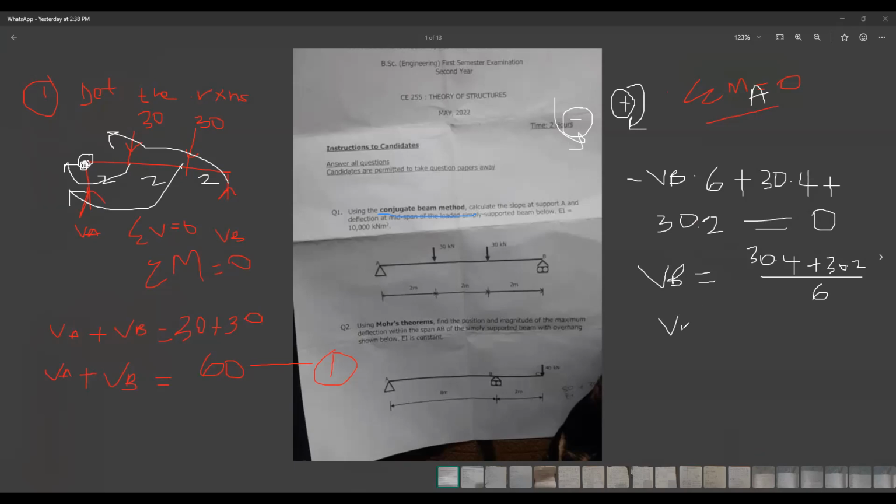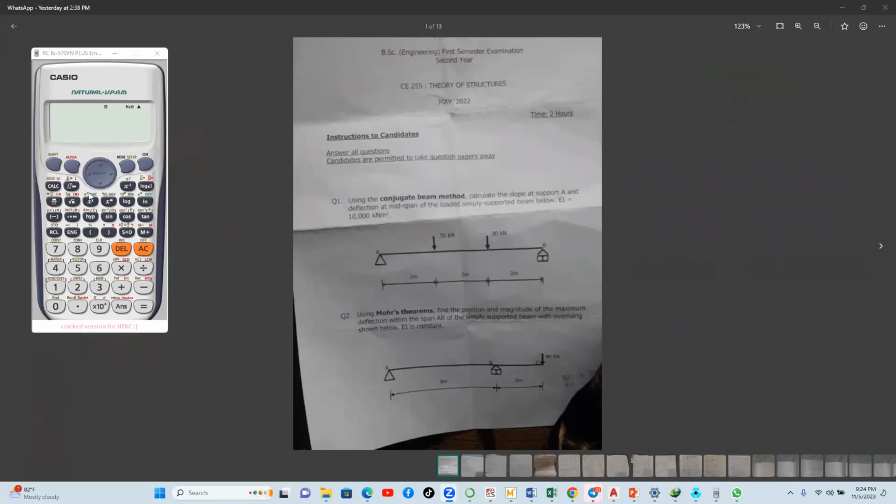So my VB is equal to 180 over 6. So you get VB equals 30 kilonewtons.